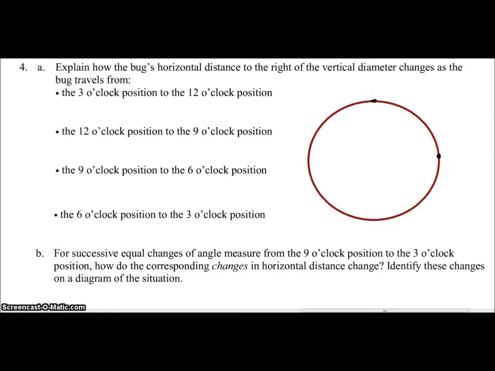Now it asks, how does the bug's horizontal distance to the right of the vertical diameter change? So here if we have a vertical diameter, and then this is the horizontal distance right here. Notice that the horizontal distance starts from the radius, and then as we go up to this point here, there is no horizontal distance from the vertical diameter. The horizontal distance is 0.